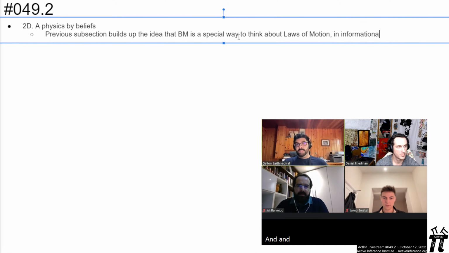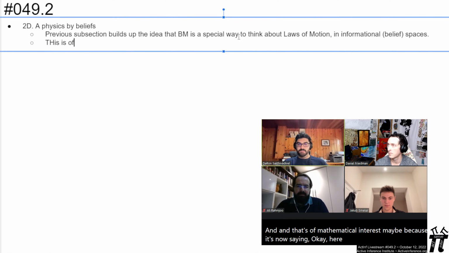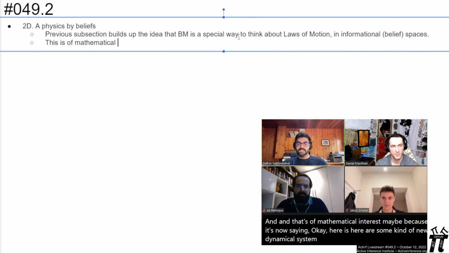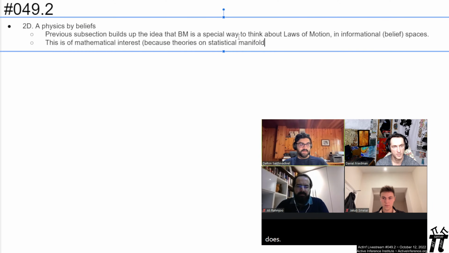And that's of mathematical interest, maybe, because it's now saying, okay, here are some new dynamical systems theories on statistical manifolds, which is quite cool, and I think that's interesting on its own.